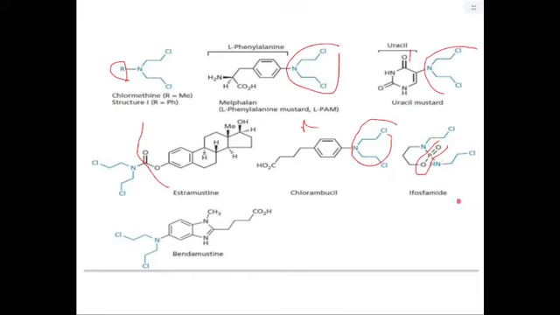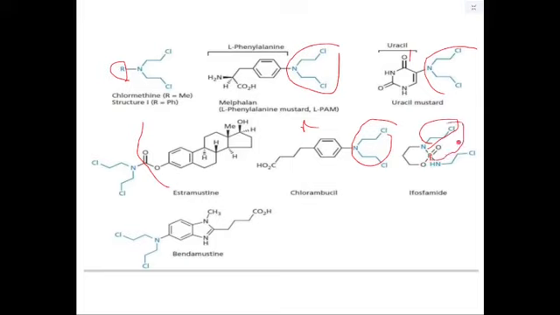And of course, we have ifosfamide and cyclophosphamide, whereby for cyclophosphamide, this will not be there, and the phosphate here will be joined to two of this. So you have another one like this one here, and you remove this. For cyclophosphamide, the whole of this group here will be shifted, and it will come to that phosphate.